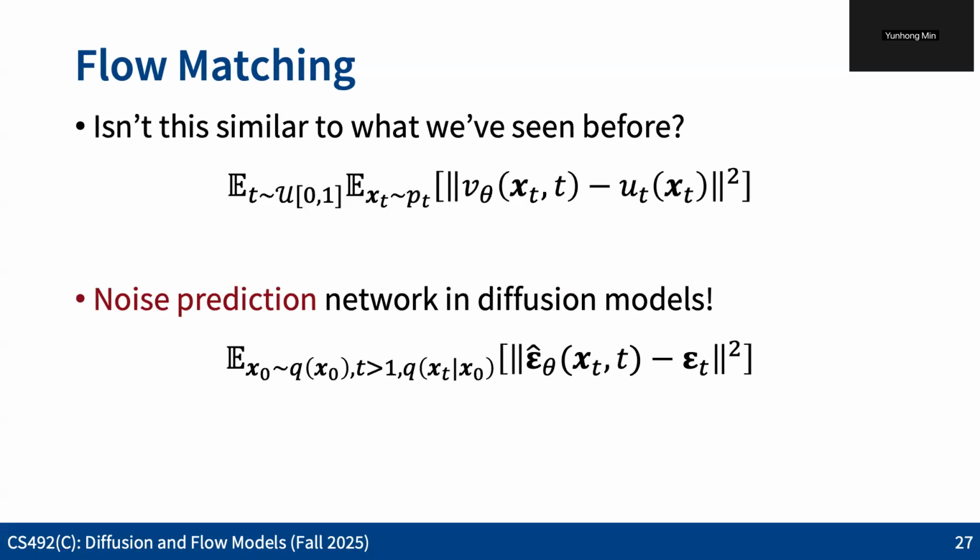So that's the high level idea in terms of how we can define another type of ODE based generative model by directly defining the flow map, also the vector field, before we get into some specific definitions for the probability path.